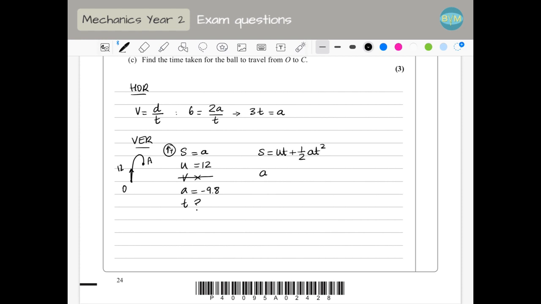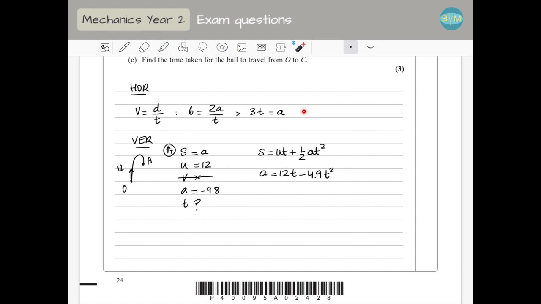So s is L, u is 12, times t plus one half times minus 9.8, divided by 2, which is 4.9 t squared. The time here and the time here is the same because the particle is at A at time t seconds.